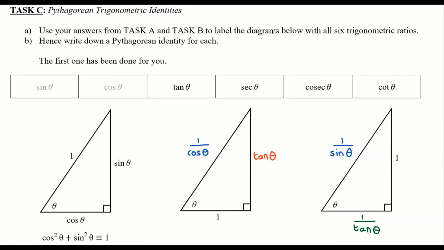The third letter of our reciprocal function corresponds to the first letter of the original trig function. When I say original trig function, I of course mean sine, cos, or tan. So the first letter of cos is C, which must be the third letter in our new reciprocal function. So that looks like it's going to be sec.